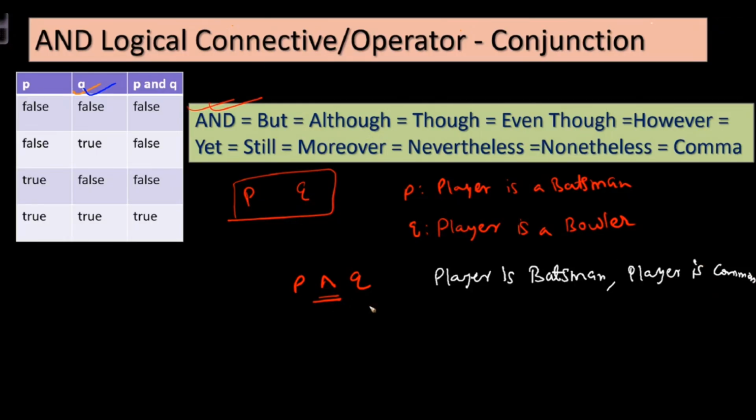Another way is: player is both a batsman and a bowler. Another is but: player is a batsman, but player is a bowler. Player is a batsman, although player is a bowler. Player is a batsman, though he is a bowler. Player is a batsman, even though he is a bowler. Player is a batsman, however he is a bowler. So these are the different ways in English to represent and.